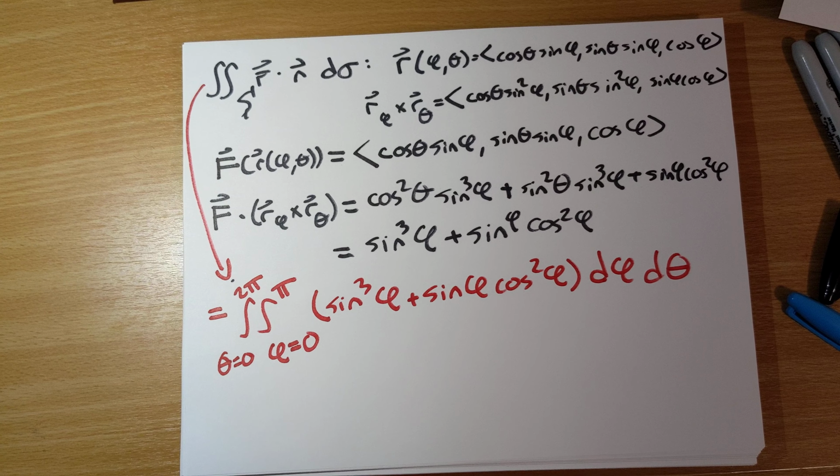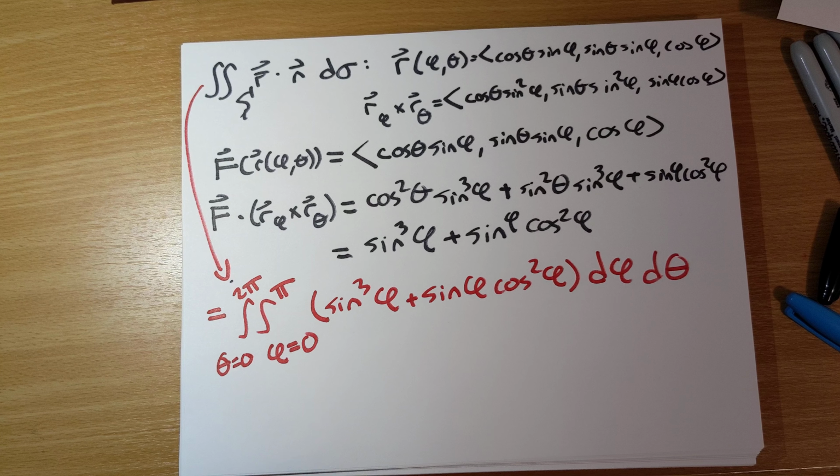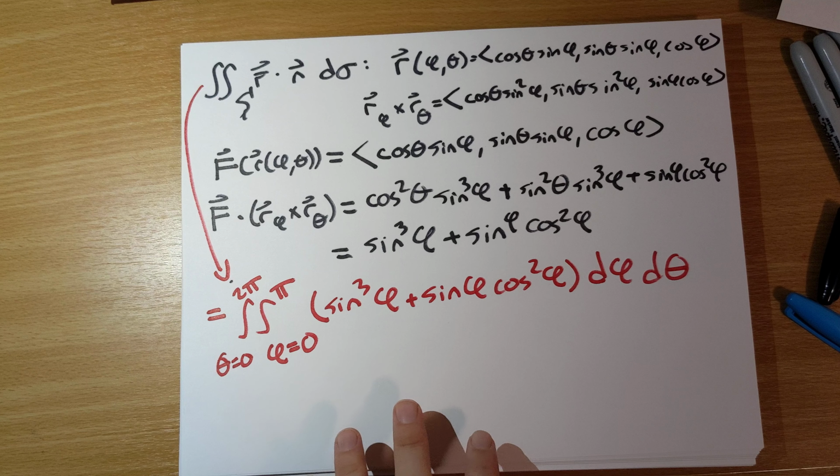Now, if you crunch things out, the integral of sine cubed phi, let me make sure I get this right here. I don't want to speak too hastily here. We need to end up with 4 pi as our answer.